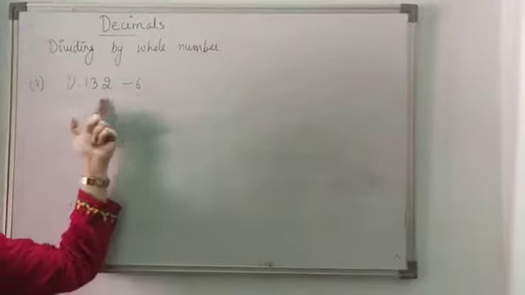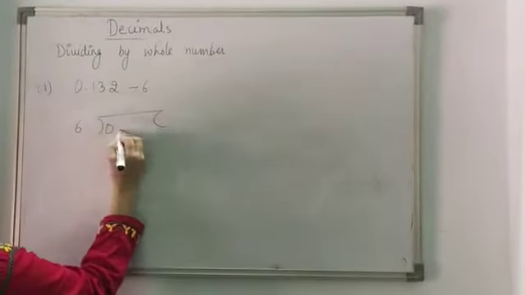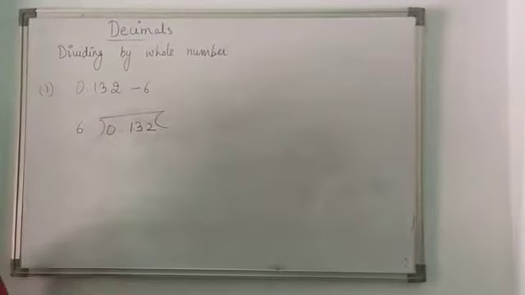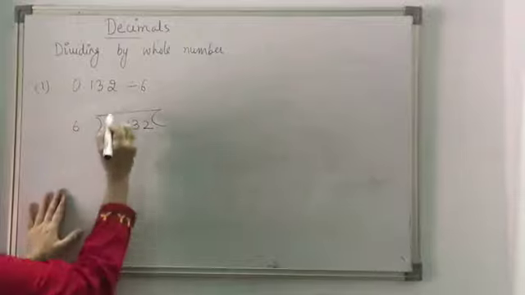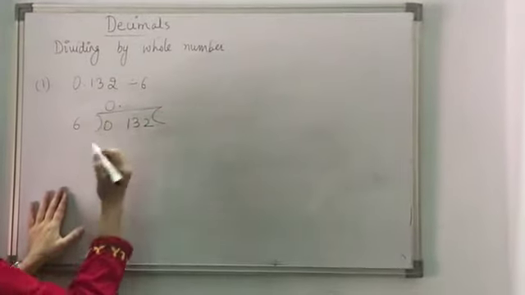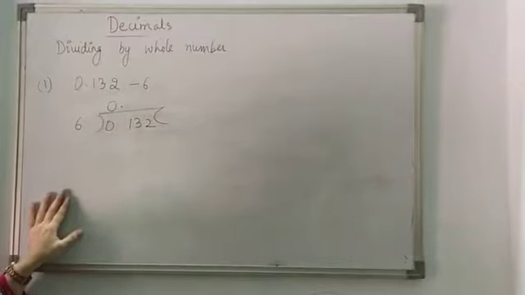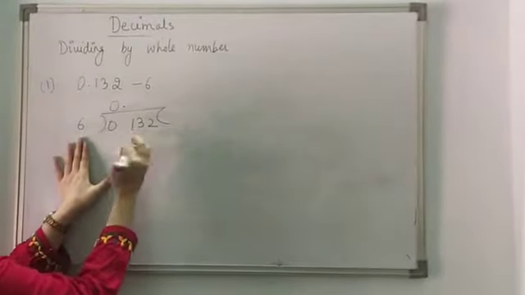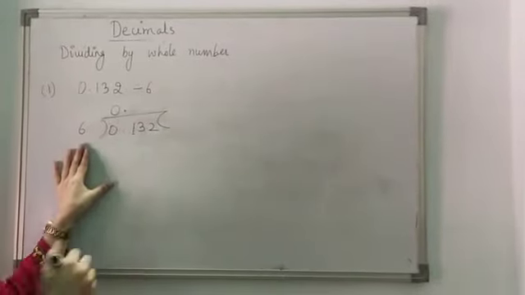Okay, now let's divide these two numbers. So 6 we will write outside and 0.132 inside. After that, 0 point, nothing is there, so you copy it as it is, 0 and the decimal just below your decimal point. After that 1 you will take. I cannot divide 6 and 1, so I have to take 3 also.